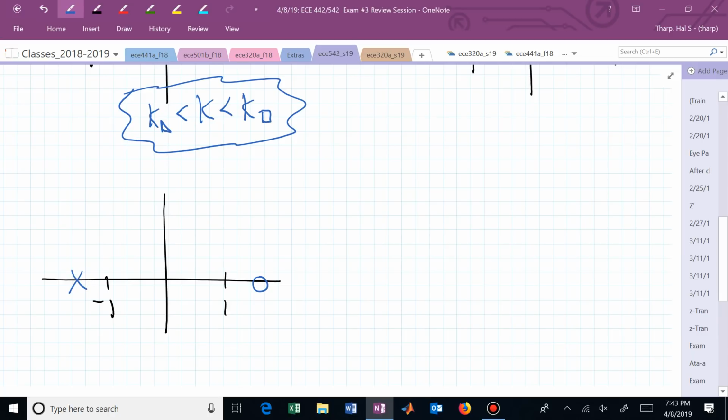Is the segment from the 0 to plus infinity part of the root locus? No, we have no poles and zeros, let alone anything odd. Our root locus is between that pole and, which direction do I locate my arrow? Does the arrow point right or does it point left? It goes from the pole to the zero.